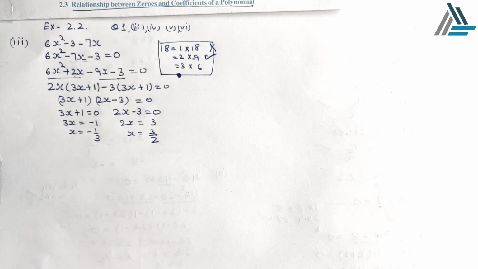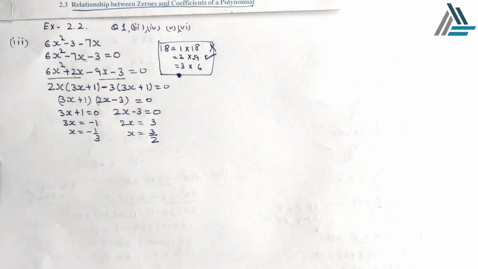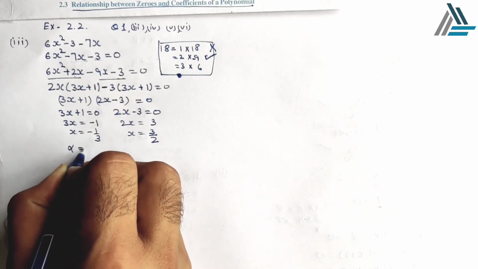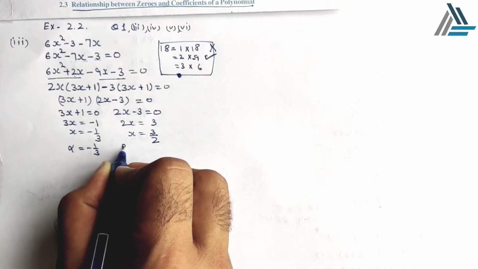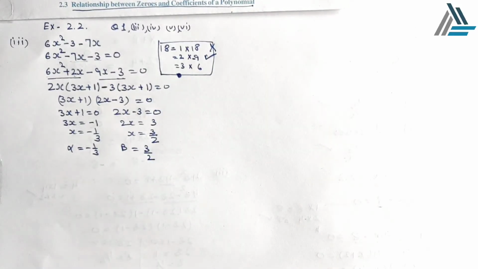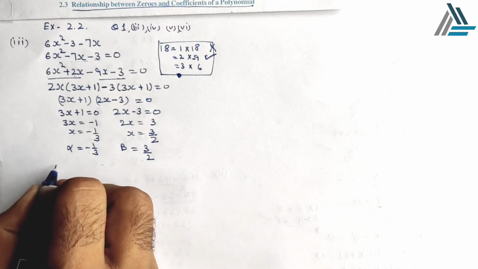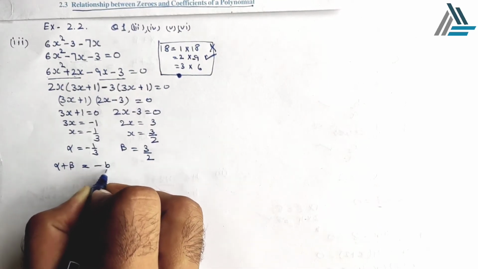As we know, to verify the relationship between zeros and coefficients, one of them we take as alpha and the other as beta. Alpha is minus 1 upon 3 and beta is 3 upon 2. Here we have to verify the relationship between them. As we know, alpha plus beta is equal to minus b upon a.